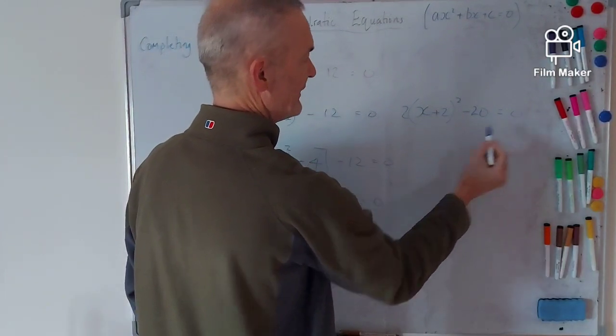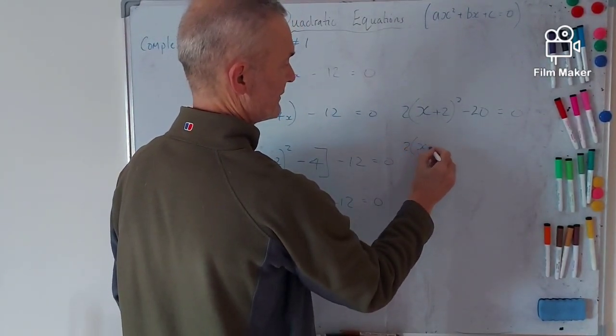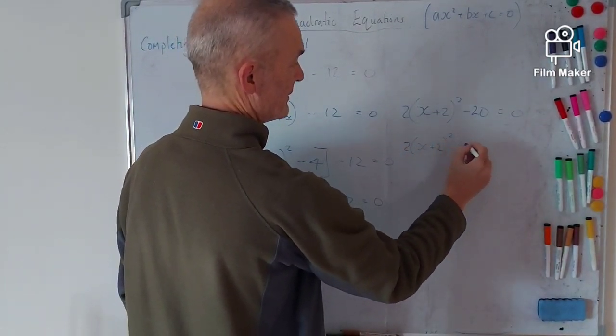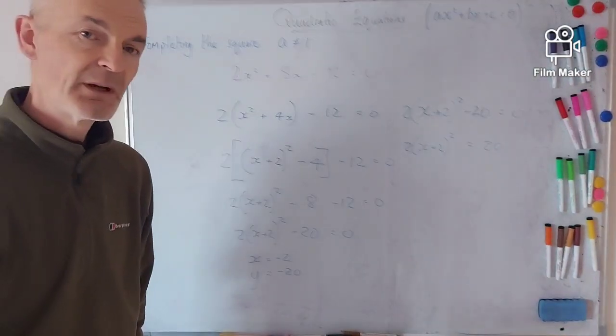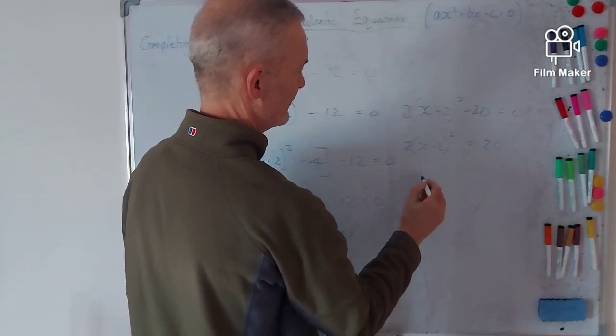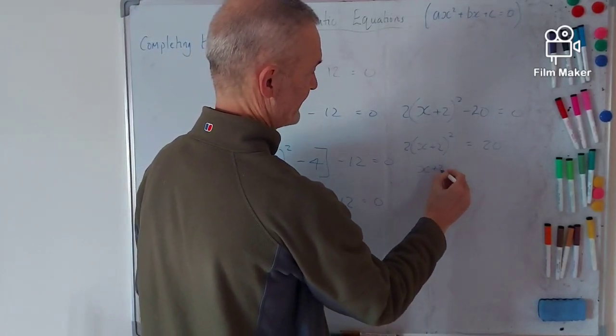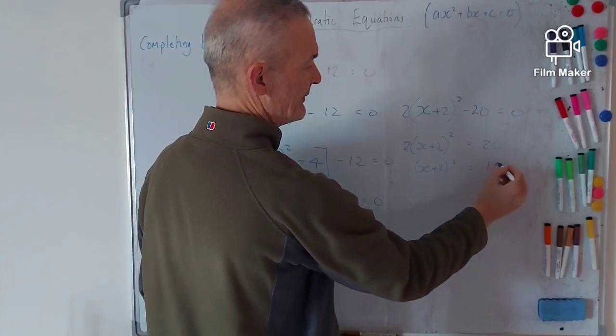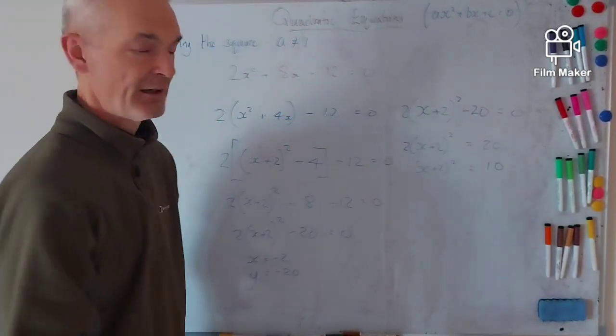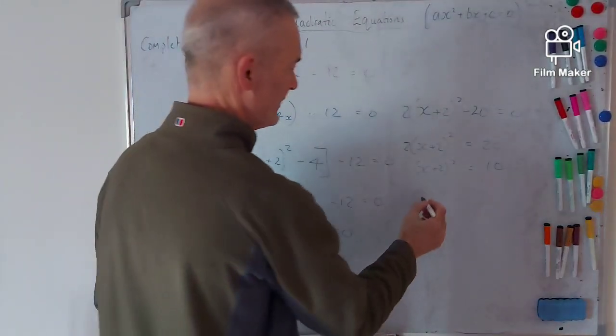I'm going to take the 20 to the other side first. Okay, now I'm going to divide both sides by 2 to remove this 2 from here. And obviously 20 divided by 2 is going to be 10. Now I can take square roots of both sides.